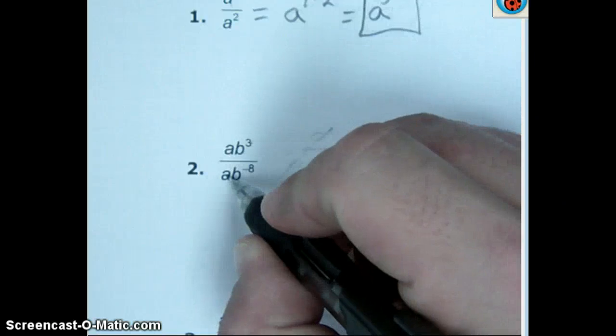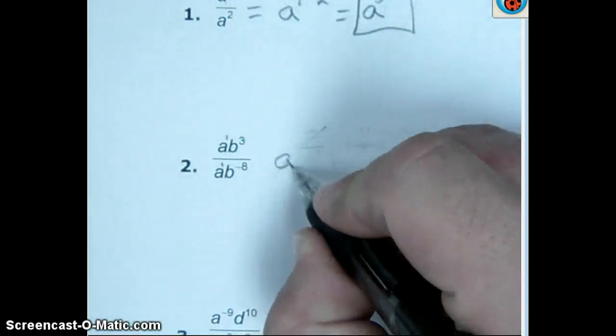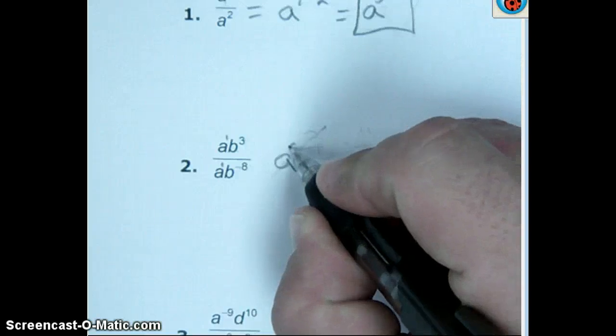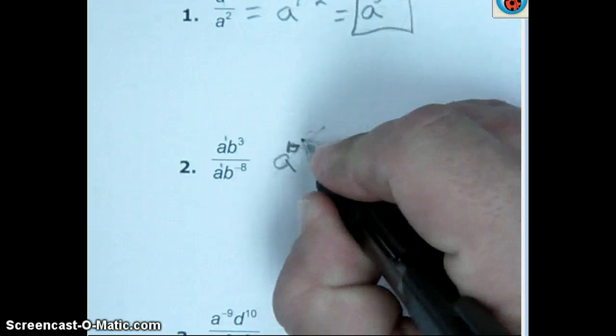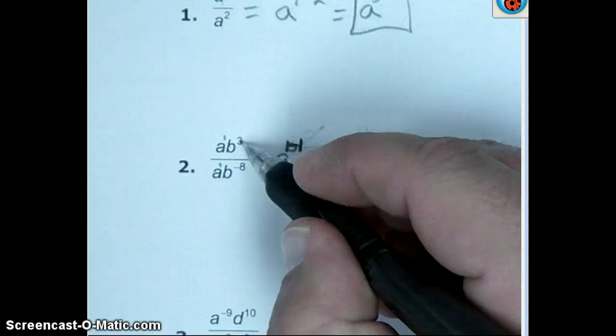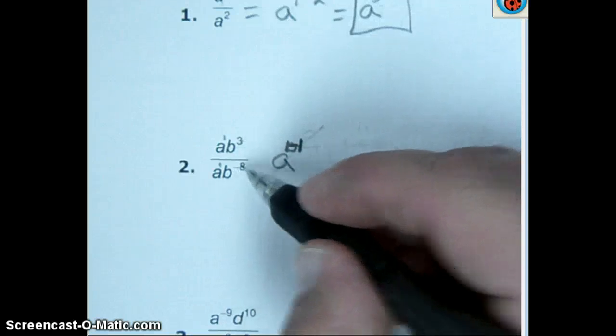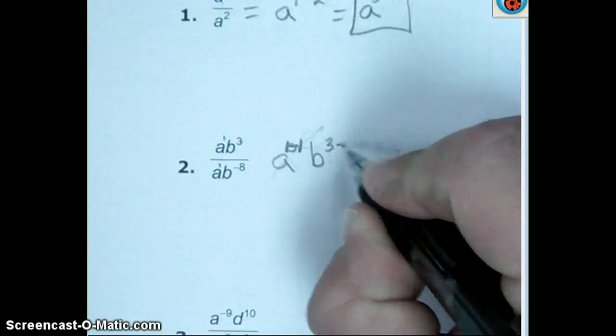If I have a to the 1 power over a to the 1 power, that's kind of like saying a to the 0, or a to the 1 minus 1. And if I have b to the 3rd divided by b to the negative 8, it's like saying b to the 3 minus negative 8.